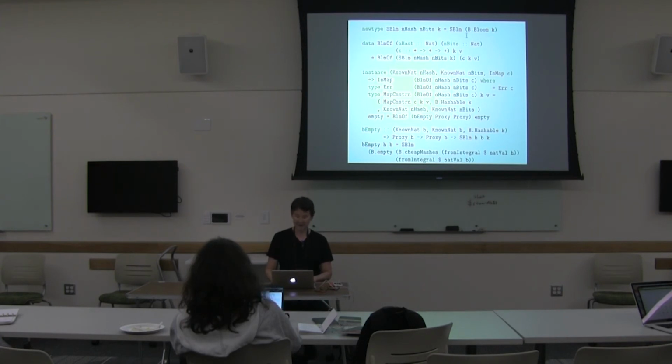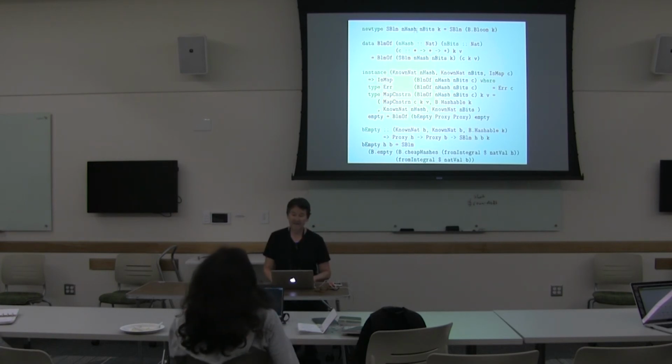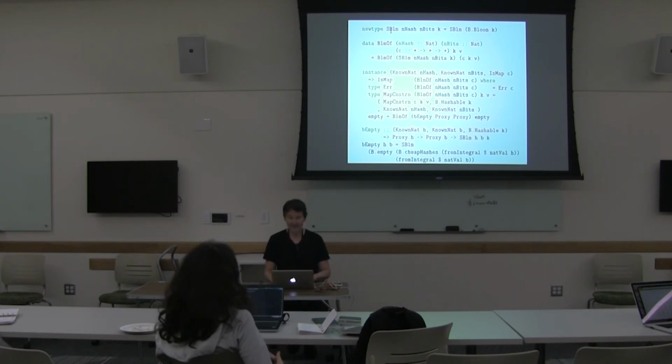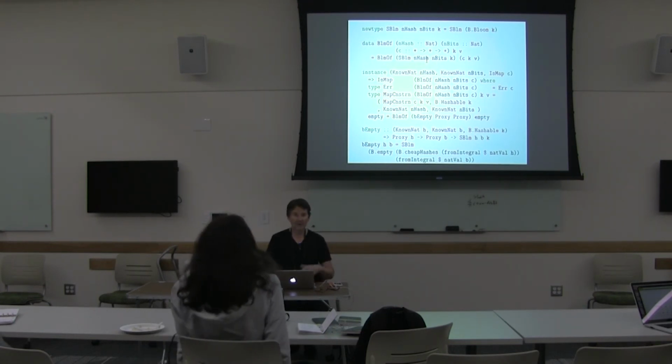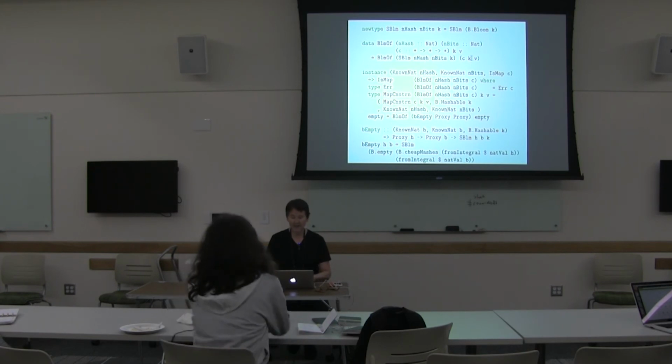And notice all it's doing, like before, is just creating a bloom of type K, and these things are just phantom types that will be used by the compiler later. And then I have this other thing called bloomOf, and it takes one of these, which is the bloom, and it takes a map. This is similar to what we were seeing before, where you have whatever you're wrapping it with, the bloom, and then the underlying map.